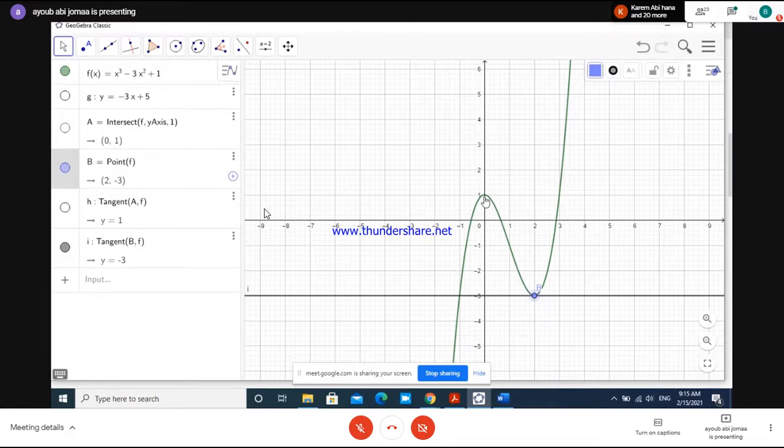In case we have a maximum or minimum here, and the function is differentiable, it means graphically the graph is smooth, then the derivative will be 0. The derivative at this point, f prime of 0, will be 0. Or in other words, the tangent line at this point will be horizontal. Similarly at B, the tangent line is horizontal.